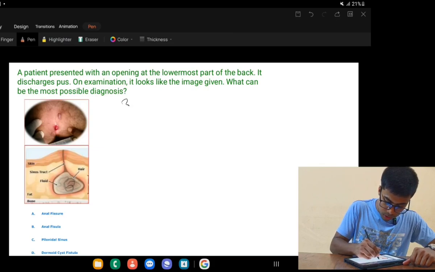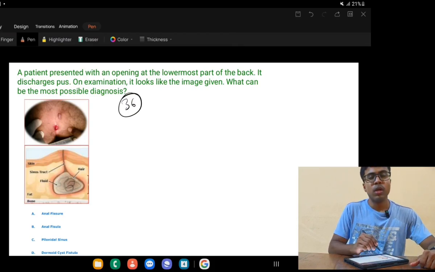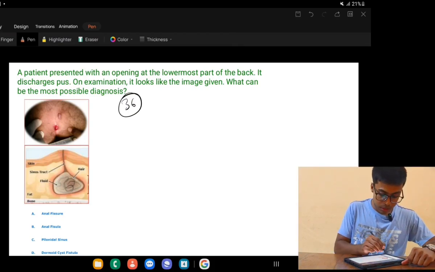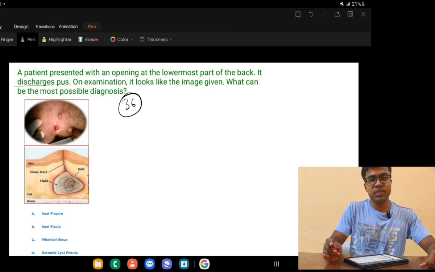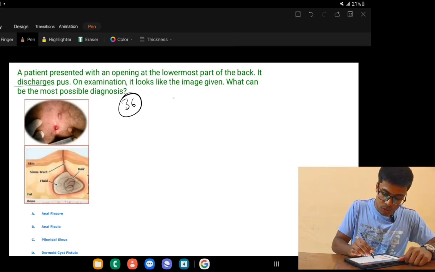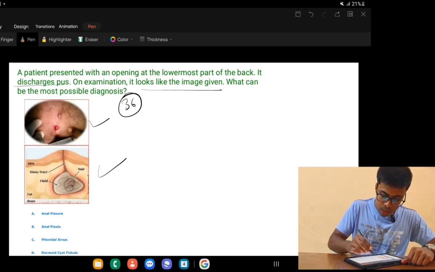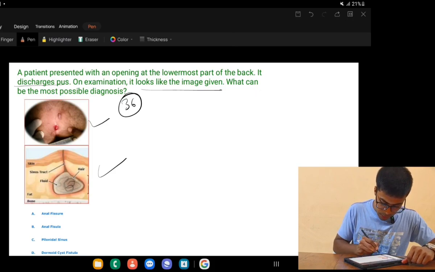Question number 36. So this is what is given. A patient presented with an opening at the lowermost part of the back. It discharges pus. Since there is pus, there will always be a sinus. On examination it looks like the image given. So it's a sinus, a pilonidal sinus. What can be the most possible diagnosis?